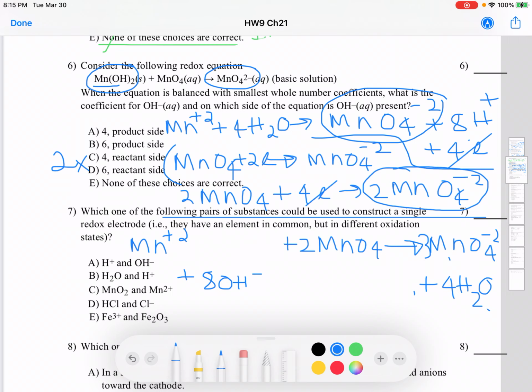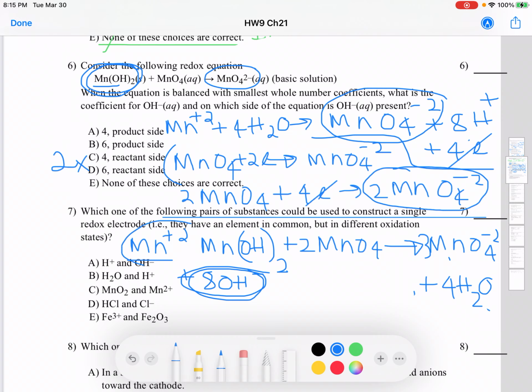Now, after we balance, we end up having 8 hydroxides, right? But remember, manganese also comes as a hydroxide in our given reaction. So you have to give 2 hydroxide for the manganese hydroxide out of this 8OH. So this would become Mn(OH)2.